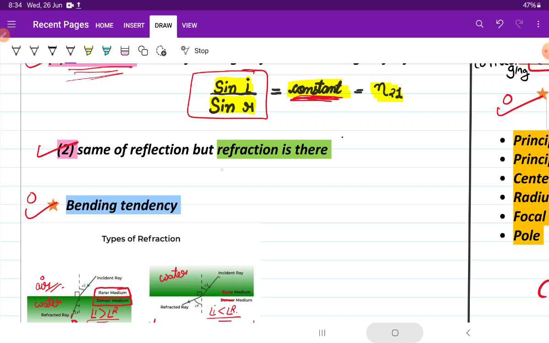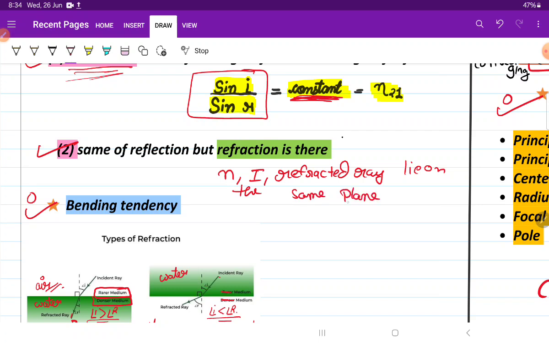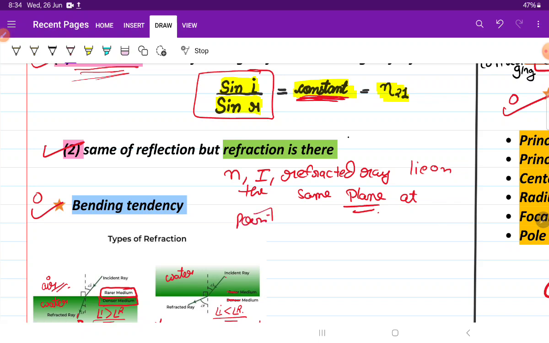That means the normal, incident and refracted ray lie on the same plane at the point of incidence. You can write the definition also in your book.